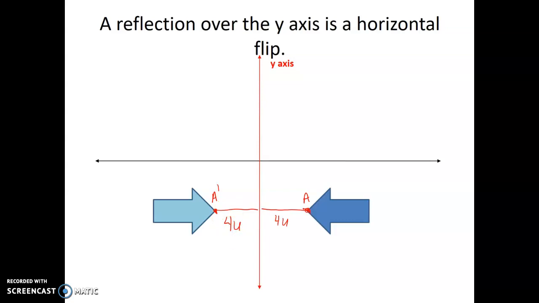The same should be true for every other point on each of these shapes: from their original to the prime vertex, they should be the same distance from the y-axis.